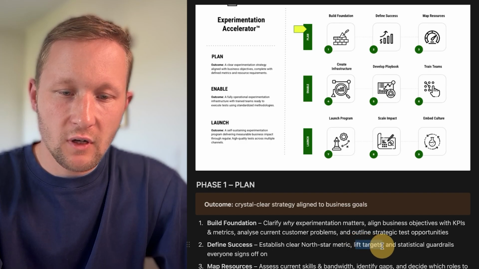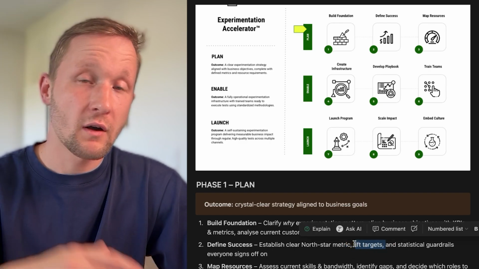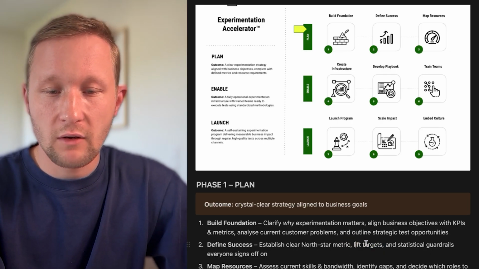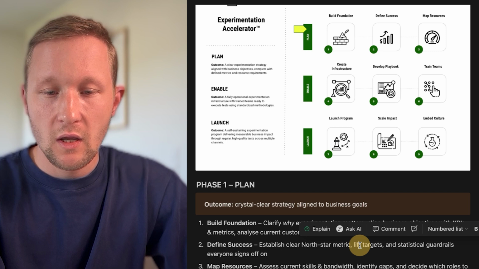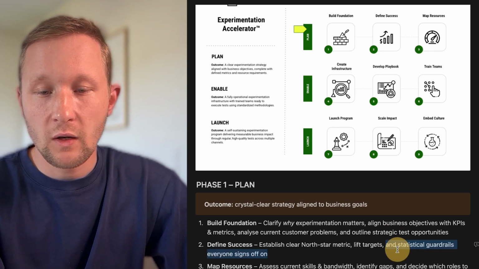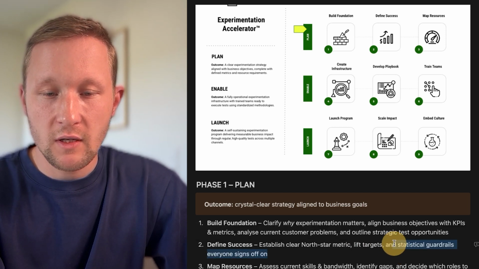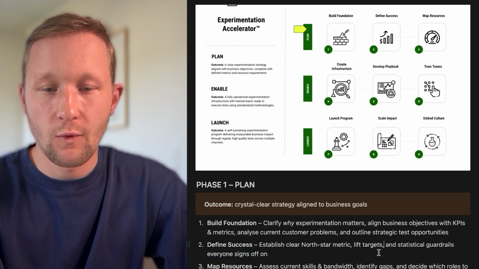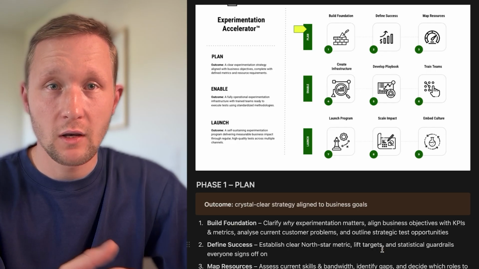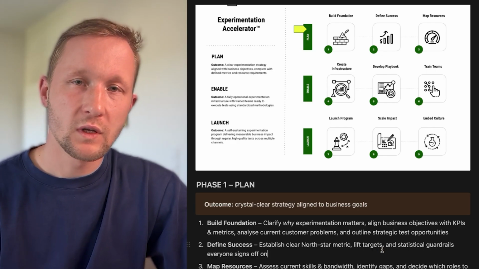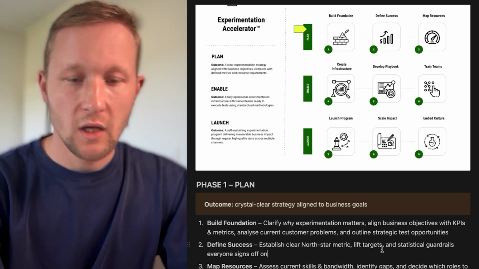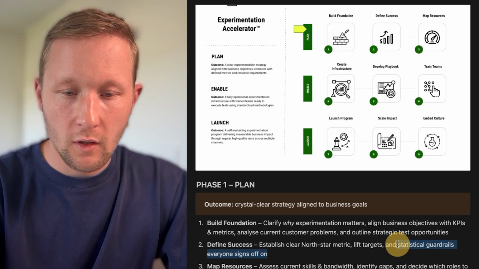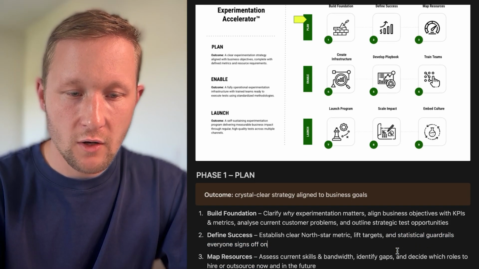Typically, if various teams are involved in the process, then we might have multiple targets, etc. But also agreeing on statistical guardrails that everybody signs off. For example, let's not try to diminish revenue for the sake of a conversion rate increase, right? This will also make more sense later when we talk about these things on an experiment level, but generally already on a program level, we should also define some guardrails, right?